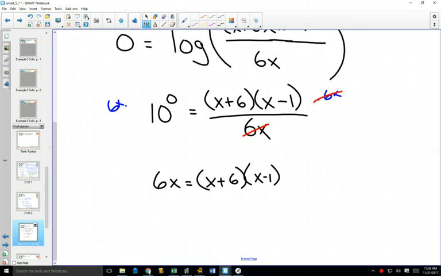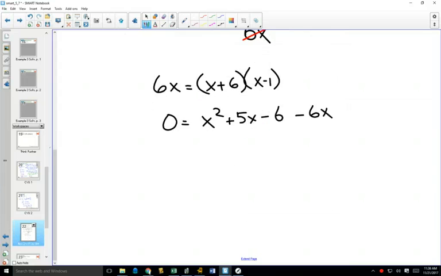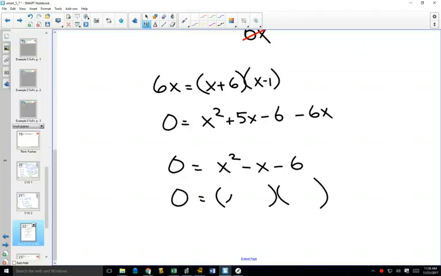I'm going to multiply this out, so x squared plus 5x minus 6. I'm going to subtract the 6x. Can we factor that? (x minus 3)(x plus 2). x is equal to 3, and x is equal to minus 2.